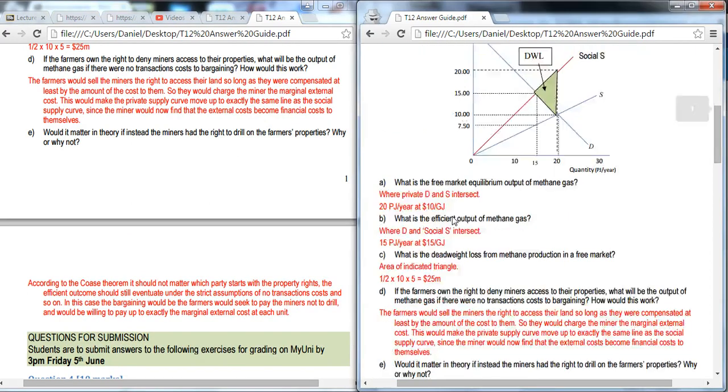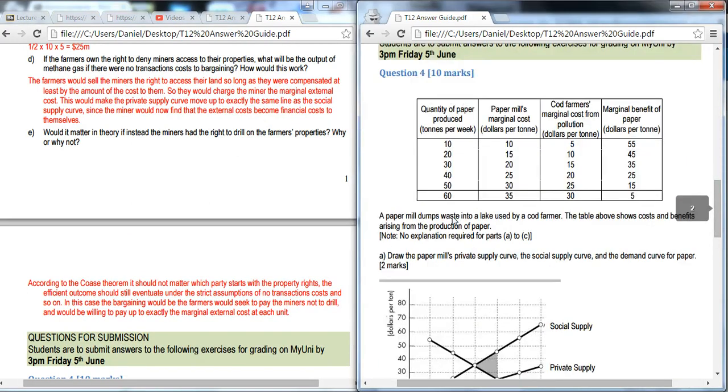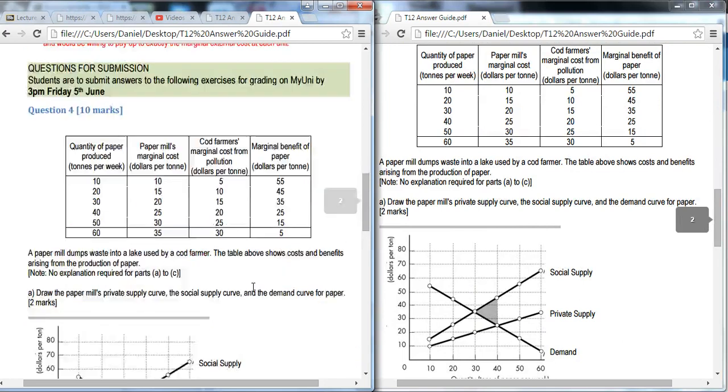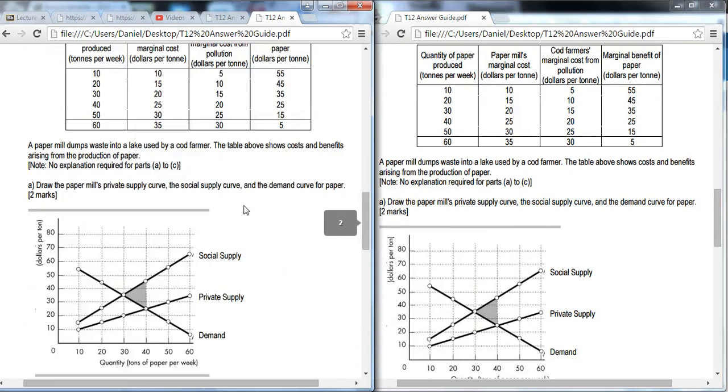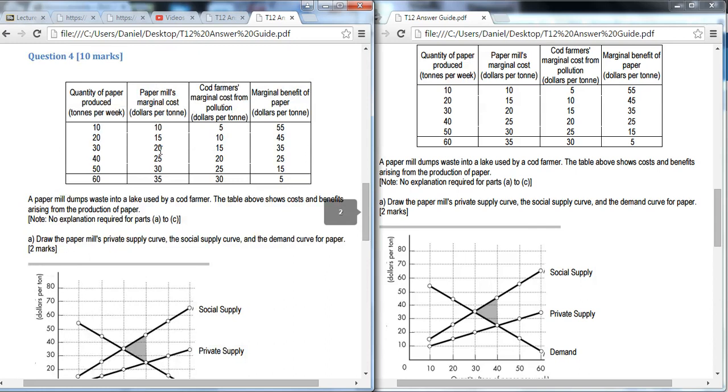Okay, let's have a look at the last question, question 4. It asks you to draw the paper mill's private supply curve, the social supply curve, and the demand curve for paper. This is a fairly simple diagram. You've got the marginal cost for the paper mill, and the cod farmers' marginal cost for pollution.